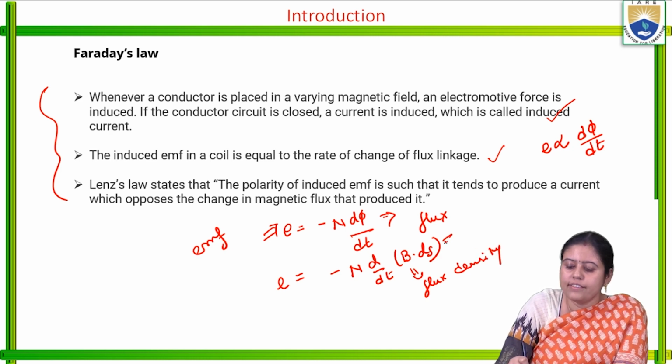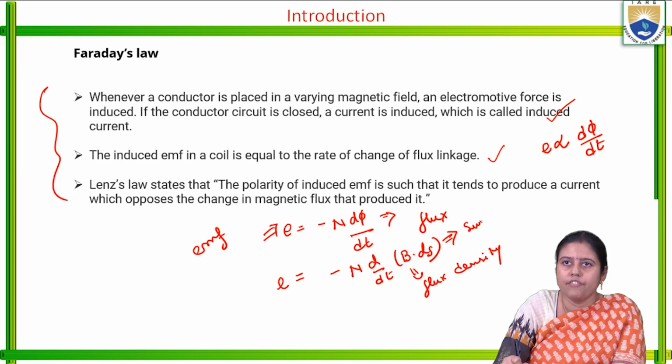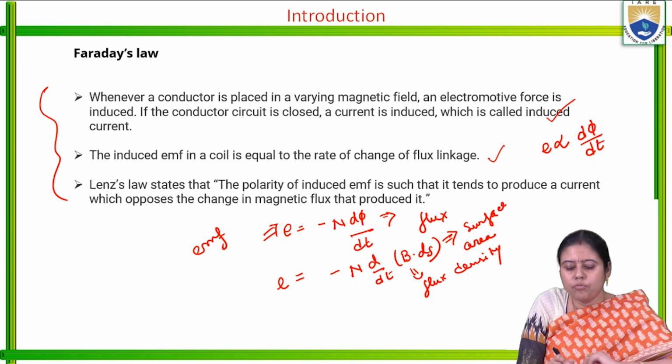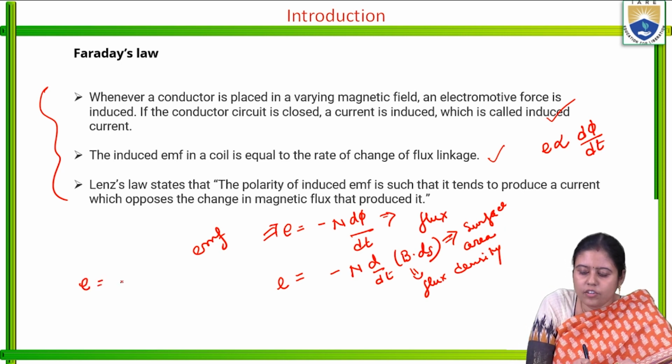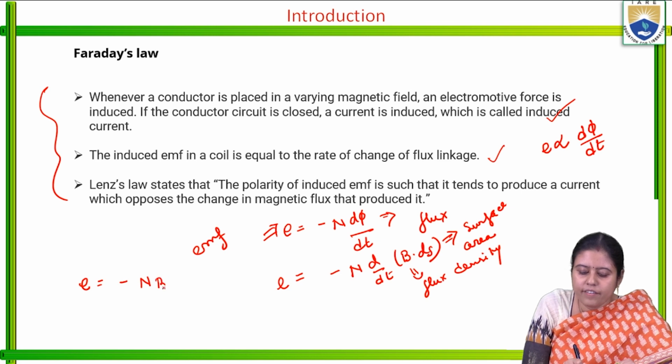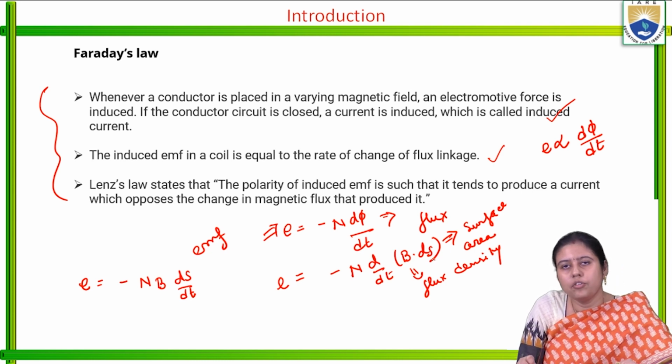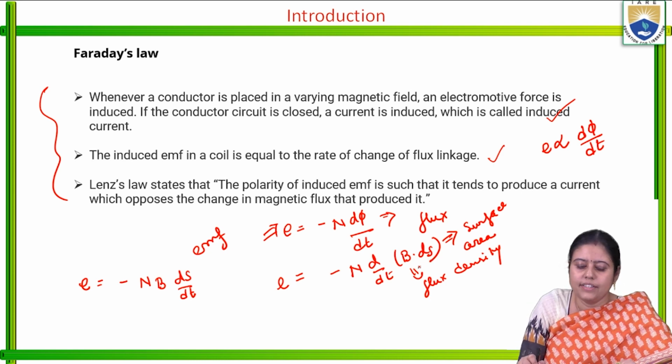So we can also write E is equal to minus n B dS by dt.